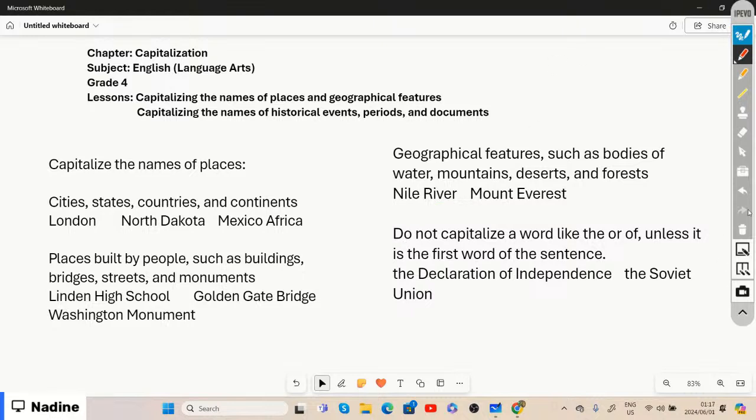Then you also have forests. So this is a continuation on capitalization, and like I said in our previous lesson, we did capitalizing names of pets, names of places.